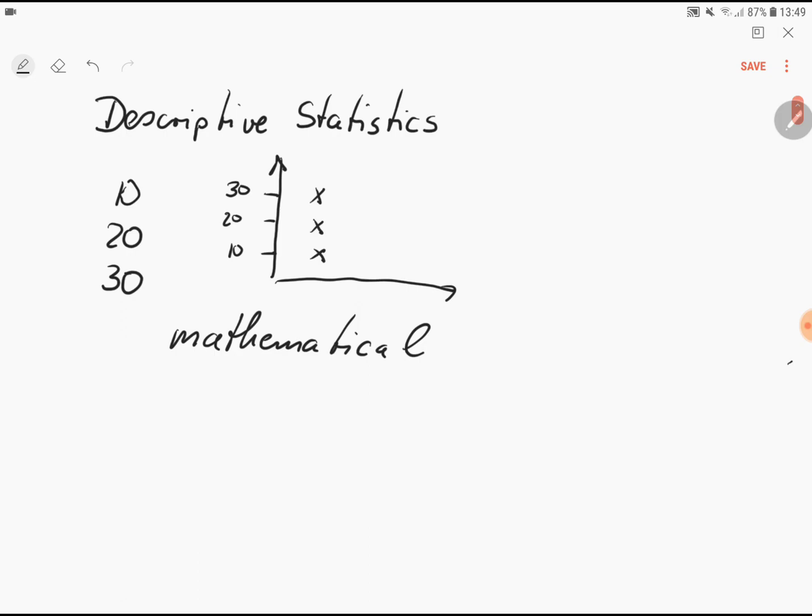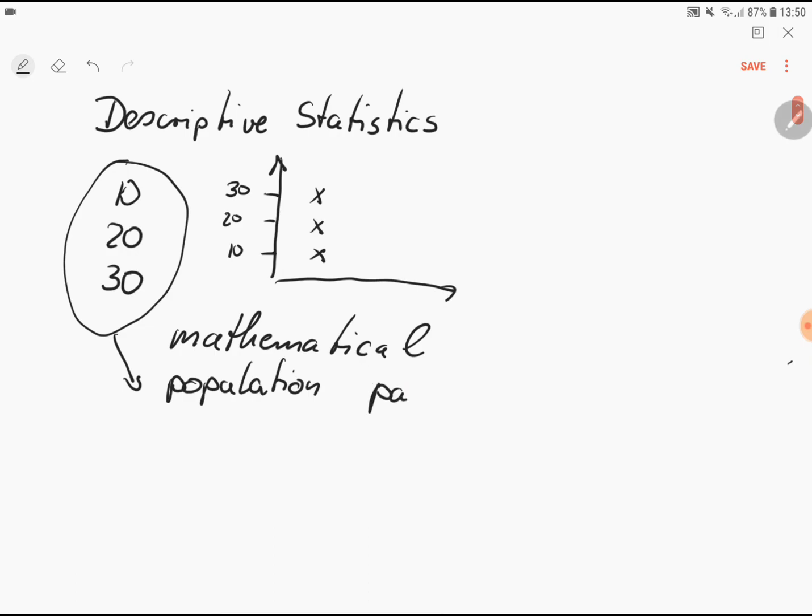This is everything that we would ever measure in this context. So we treat our data as a population and apply the equations and formulas for a population.